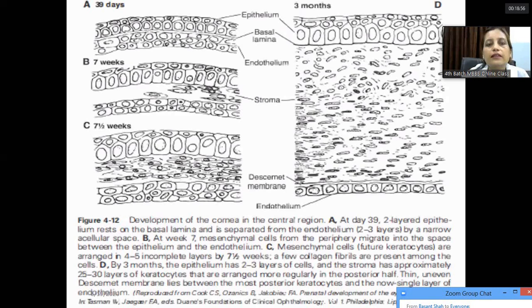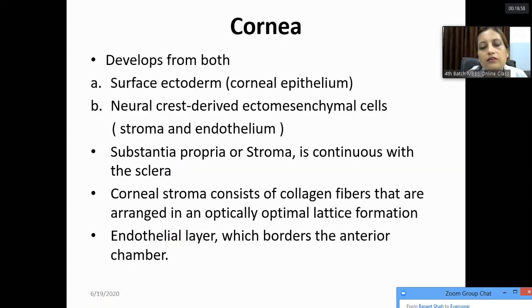Also, clinically important is the continuation of the stroma with the sclera. If there is a disease of the sclera, there is a chance of keratitis, or if there is a conjunctival disease, which is continuous with the epithelium, that can also lead to keratitis. So it is seen developmentally.